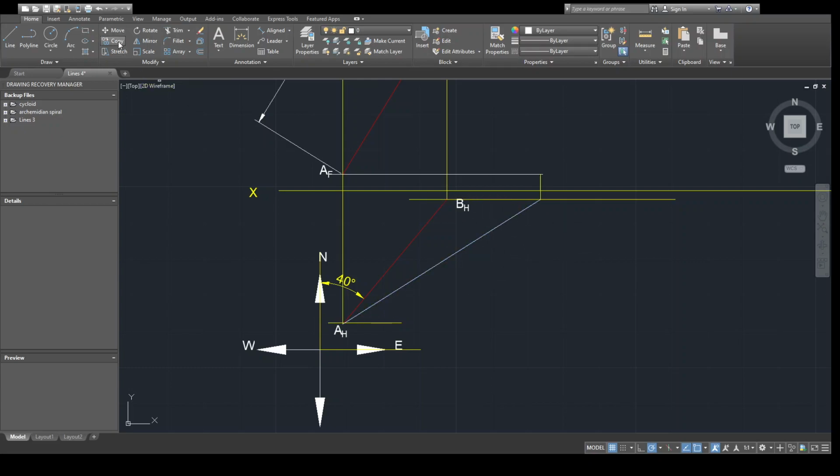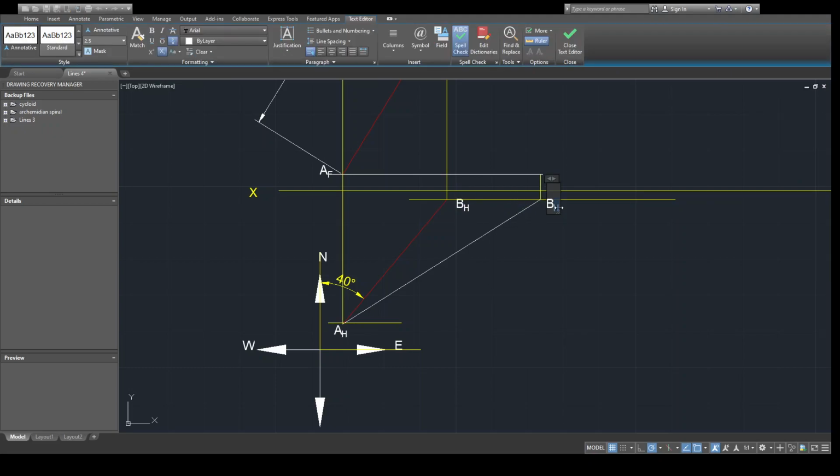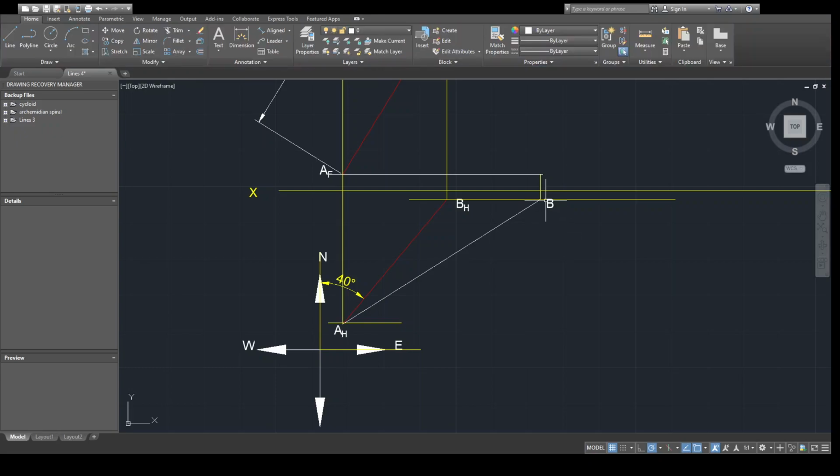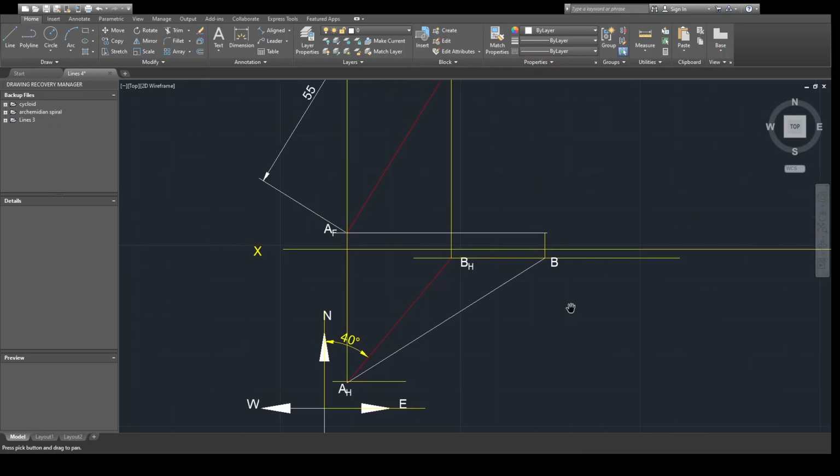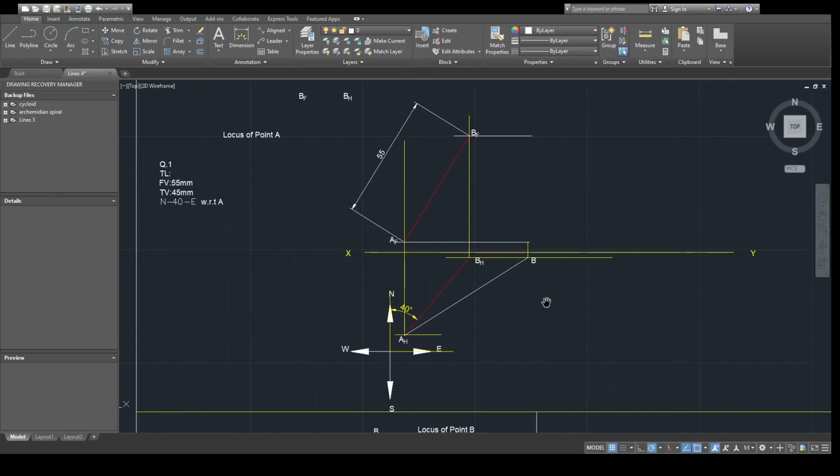Okay, so I will copy the same dimensions, same number. In fact, I will remove the H. So this is my point B and this is the true length. You can measure the true length if you want, and also you can find out angle phi, because phi is a true inclination made by the line in case of top view or with respect to vertical plane.